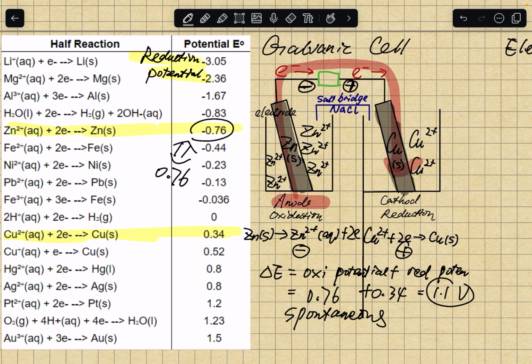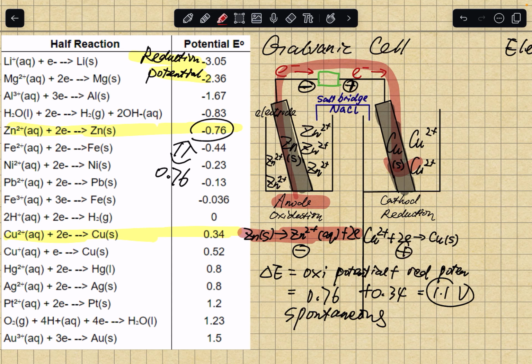The flowing of electrons works like this: in the oxidation reaction, the solid zinc is broken down into electrons and aqueous zinc 2 plus. So we have an electron supply that can flow from the anode, because oxidation happens at the anode side.